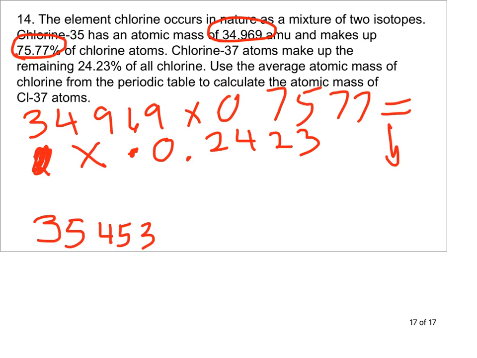Now, I got it typed in right. So that gives us 26.496.